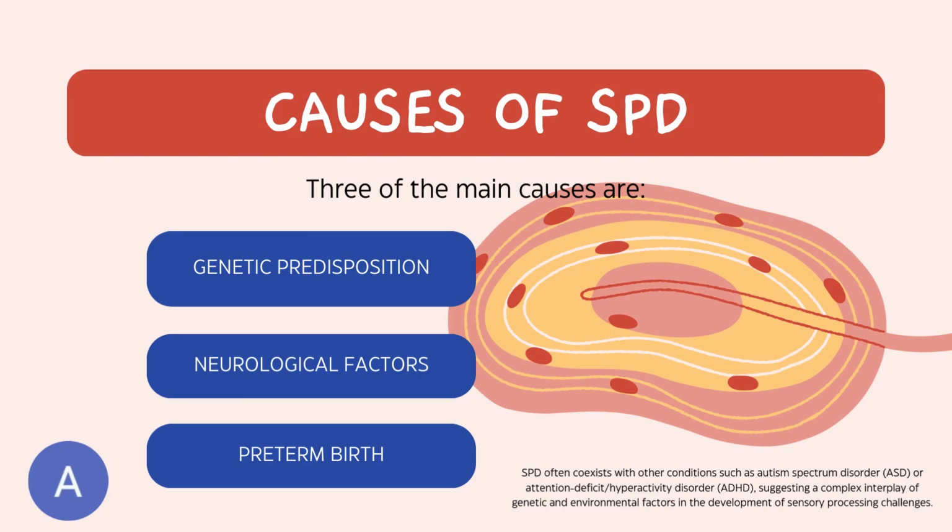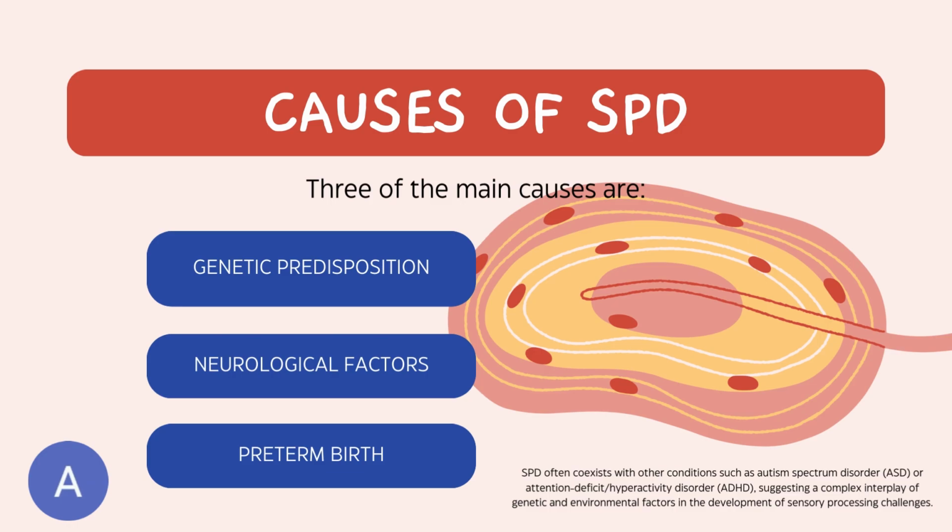Research is ongoing to better understand this neurological aspect. And lastly, premature birth or complications. Some studies suggest a correlation between preterm birth or complications during birth and the development of sensory processing challenges.